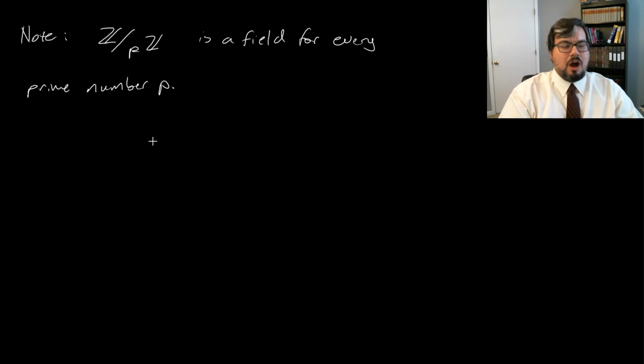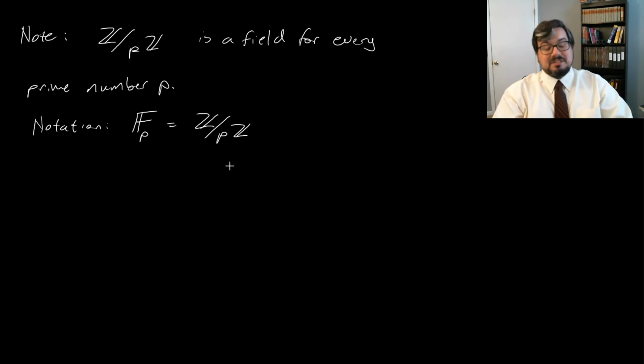Now, these are often referred to as the fields F_p. We'll sometimes see the notation F_p, and it means the field Z mod pZ. So this is a field with p elements.